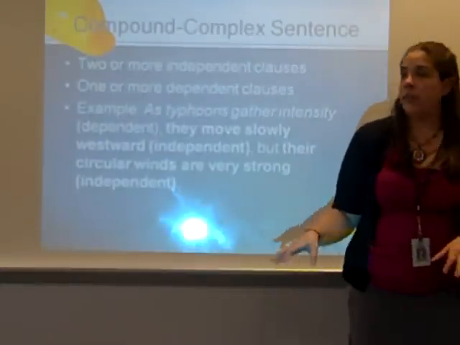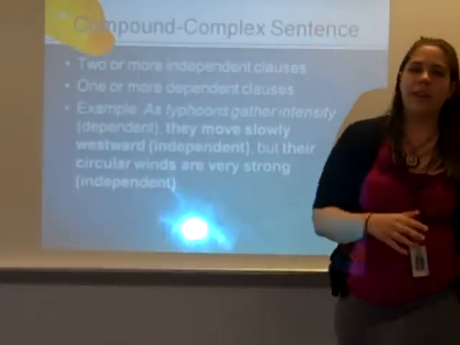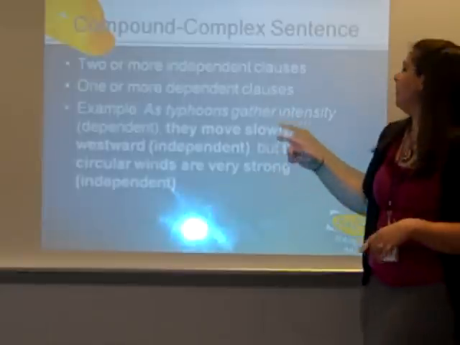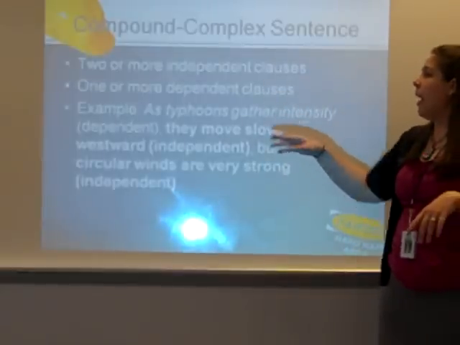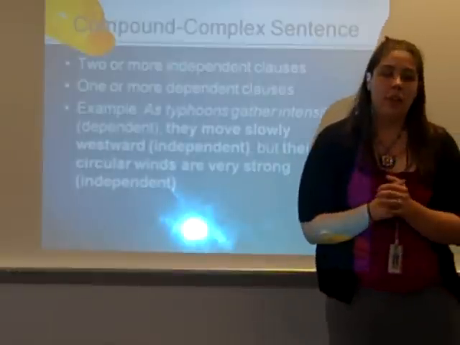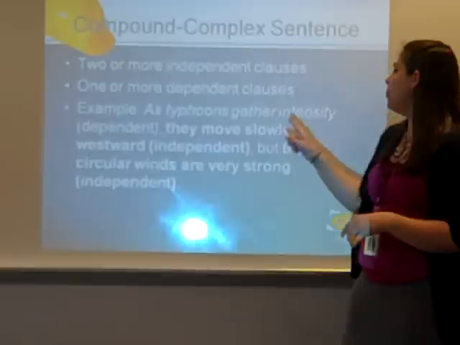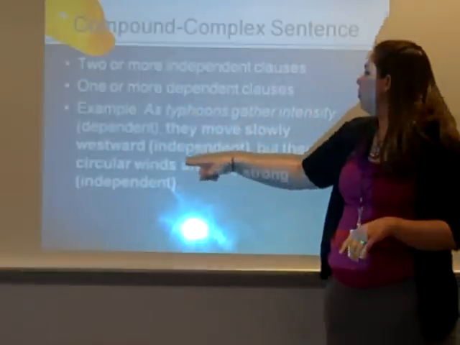The last type of sentence is a compound complex sentence. And if you guess that compound complex sentences are compound and complex, you're right. They contain two or more independent clauses and one or more dependent clauses. So your example: as typhoons gather intensity, that's dependent, that can't stand on its own.